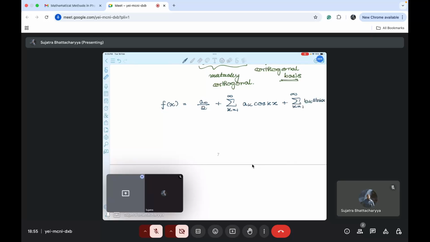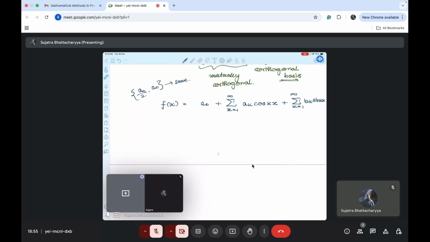This is the expression for 0 to 2 pi. If you don't want to write a naught by 2 here, you can just keep it as a naught, same thing.